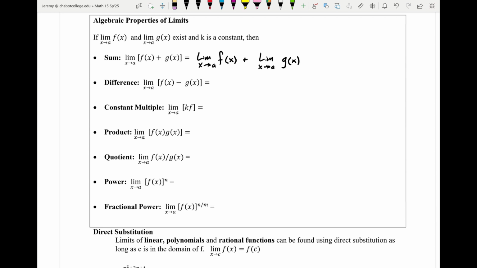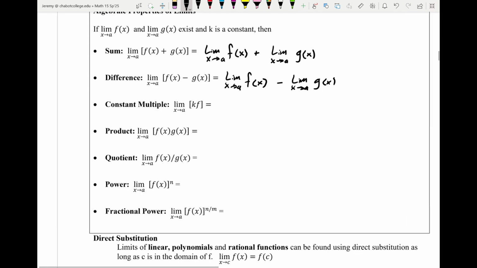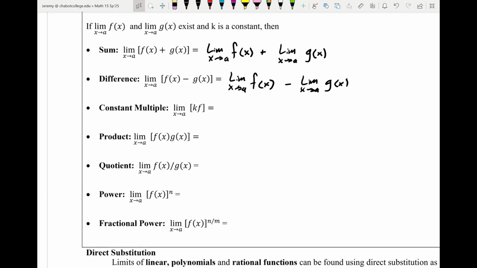Okay, so similarly, we have this difference formula where if we're taking the limit as x approaches a of f of x minus g of x, this is the same as the difference of the limits. Great, so those are our first two.